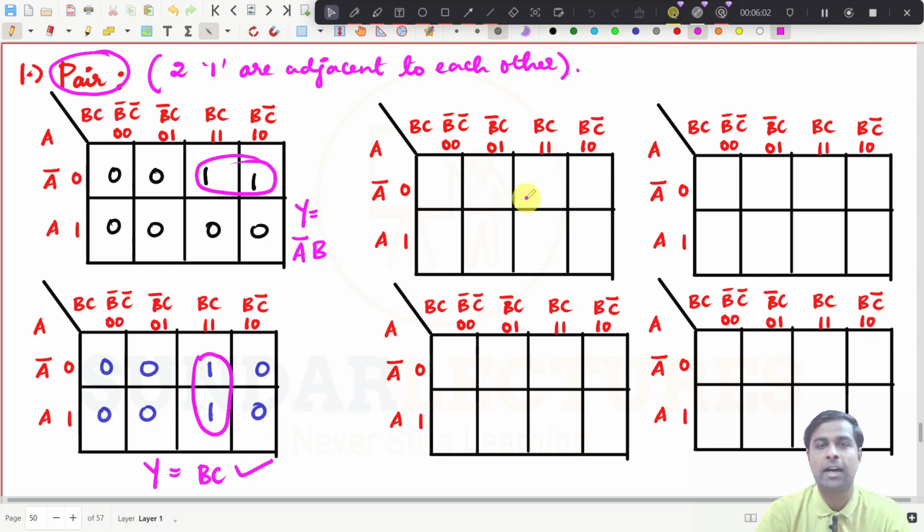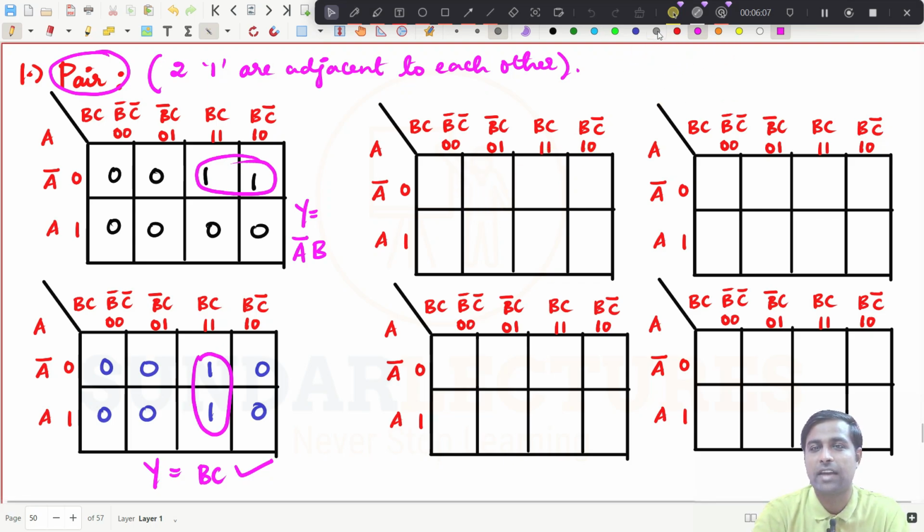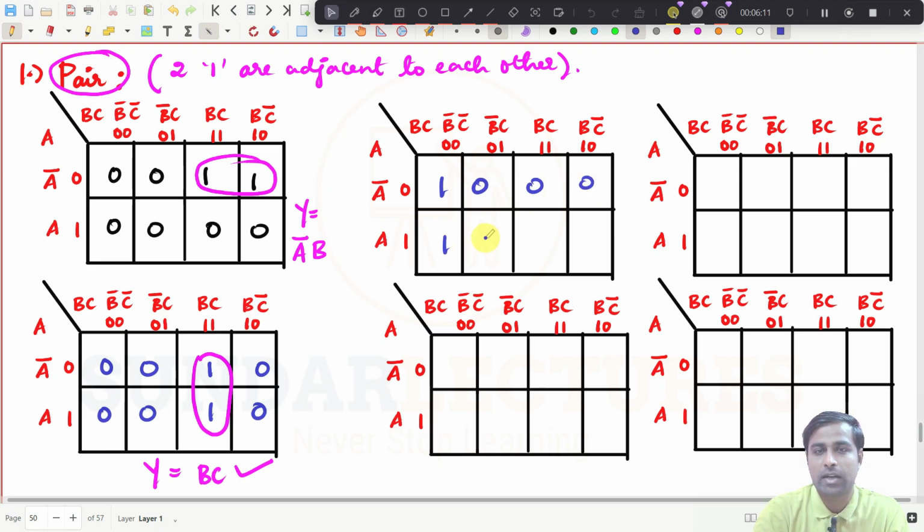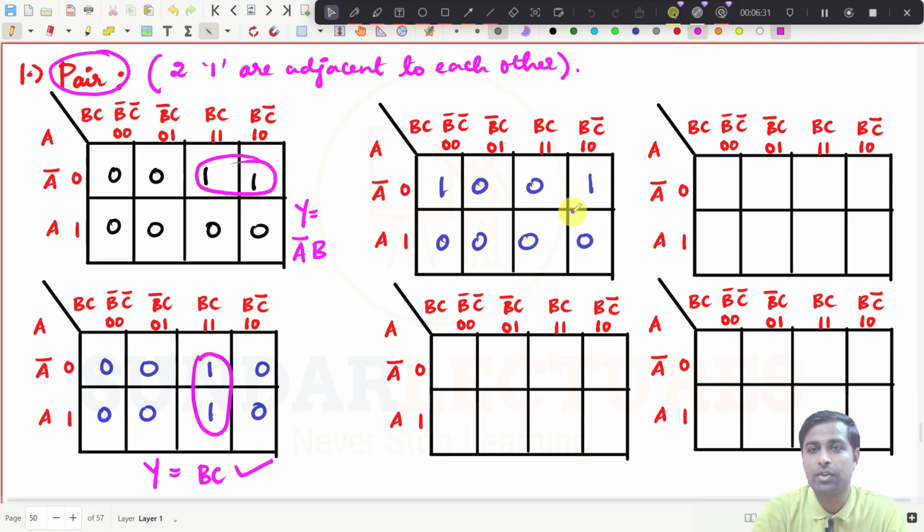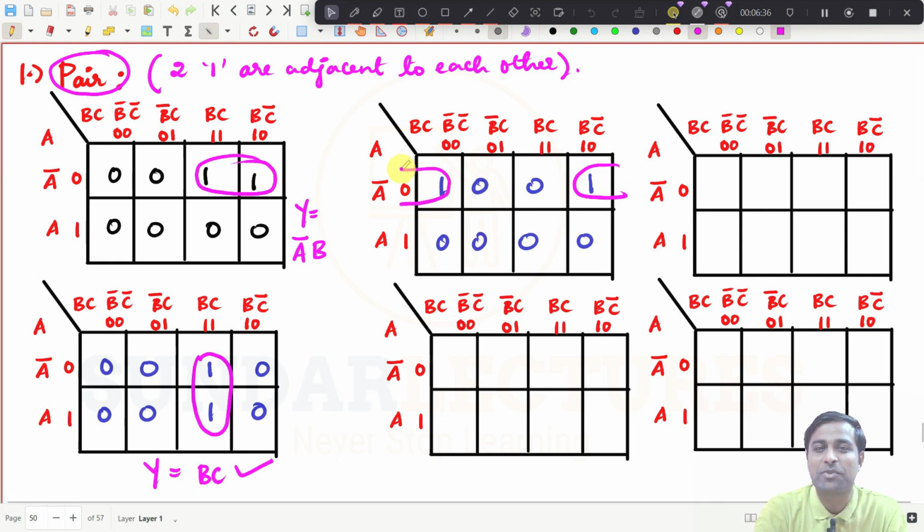So now what will I do? I will take another example. Maybe if I have 1 0 0 1, maybe like this 0 0 0 0. For example, if I have it like this, then I have told you, right? These two cells, if I fold the K-map like this, then these two cells are adjacent to each other. So what you can do here, this one and this one is a pair actually.